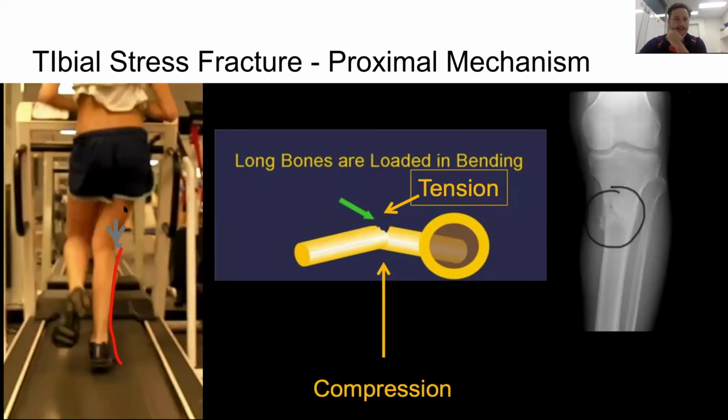But as you can see here, that lateral area is getting a little bit of pressure, and the medial end is getting a little bit more gapping. You can see the potential for a little bit beyond the tibial stress fracture.